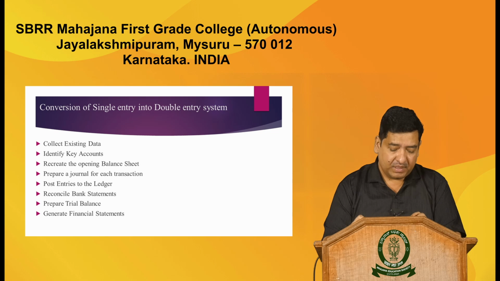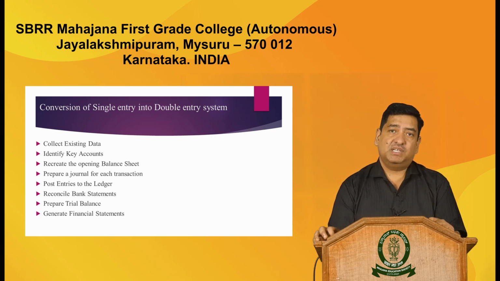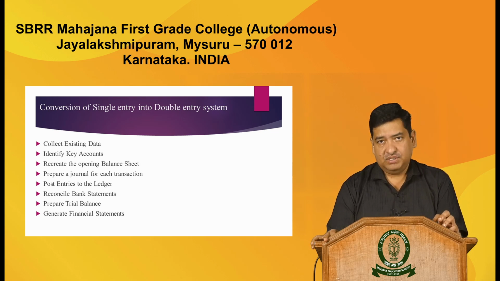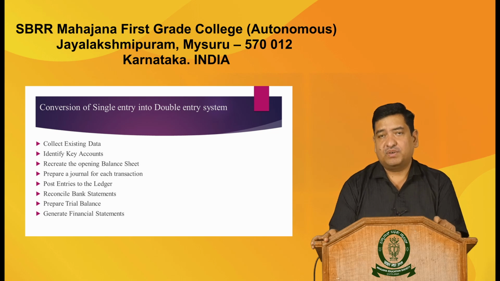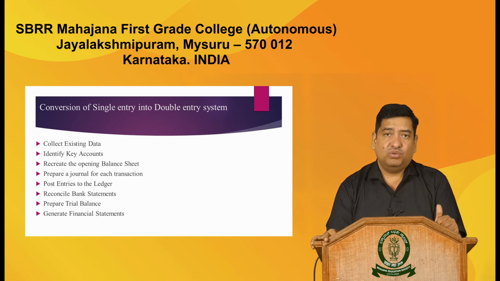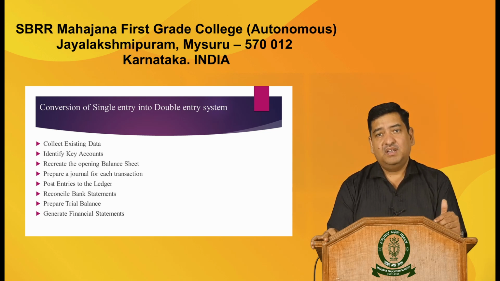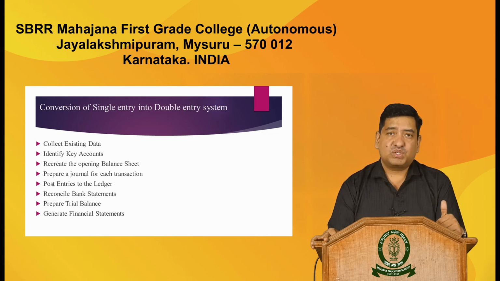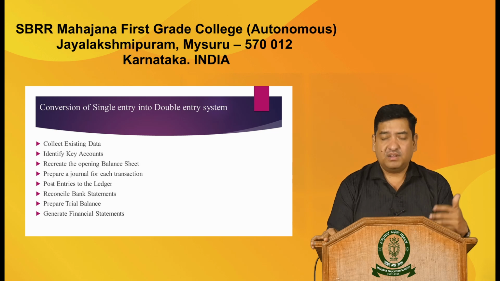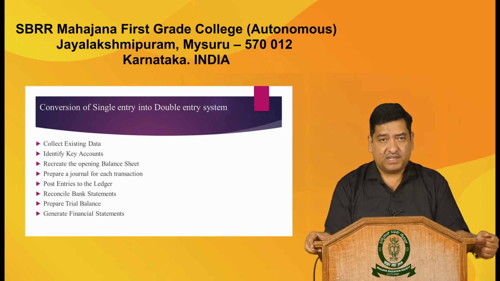After preparing the opening balance sheet, you have to prepare a journal entry for each transaction. As I said, the double entry system of accounting requires systematic recording. That means first you have a journal entry, then post them to the ledger, then prepare a trial balance, and then prepare the financial statements.